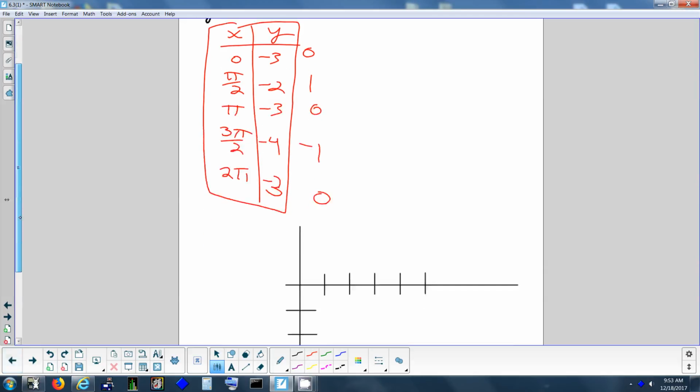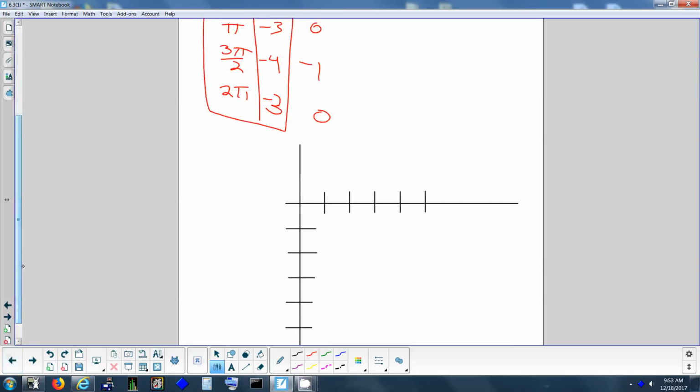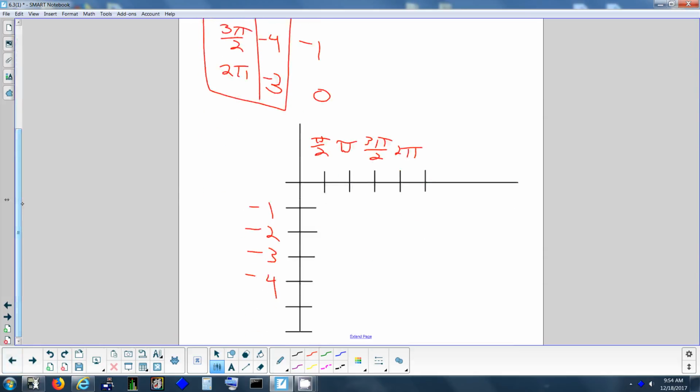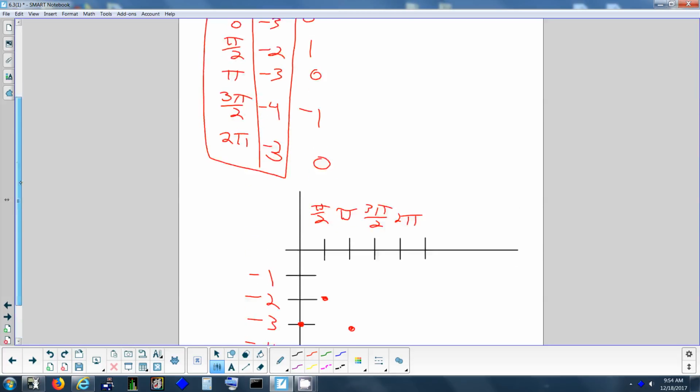Okay, and now make your sketch, just like we did for the last one. I would put the labels up above, then you're not going to draw over them. Technically, the y-axis doesn't need to be labeled because I'm going to go by ones, but if you want to label it, perfectly fine. Okay, so negative 3, negative 2, negative 3, negative 3, negative 2, negative 3, and then negative 4, negative 3.